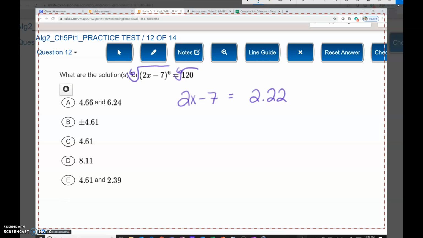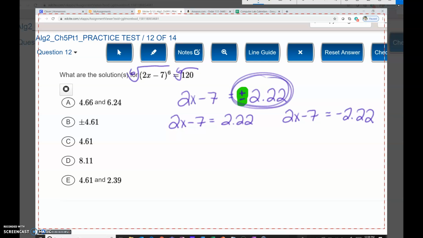What did I forget to put in here in front of that 2.22? A plus or minus. Anytime that you take a 6th root in an equation, you have to put that plus minus. Okay, this is the best way to think about this. You've got 2x minus 7 equals positive 2.22, and you have 2x minus 7 equals negative 2.22.